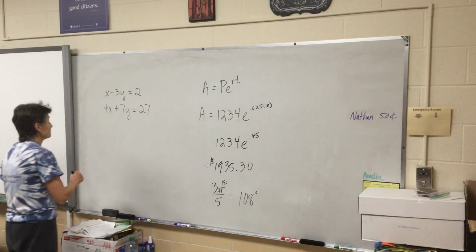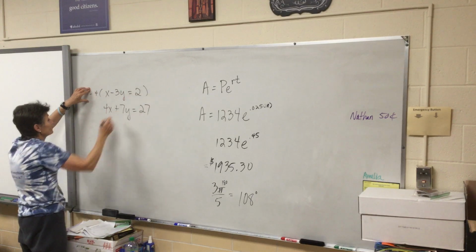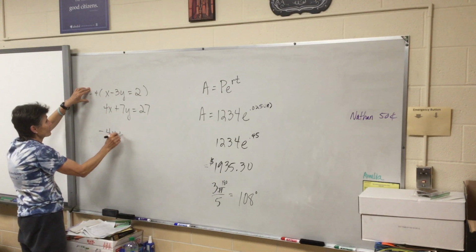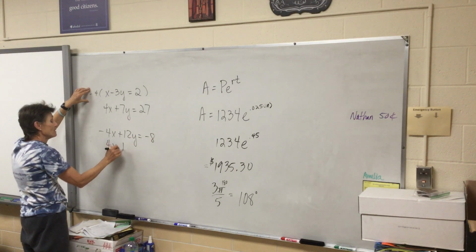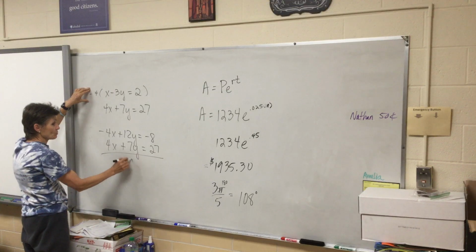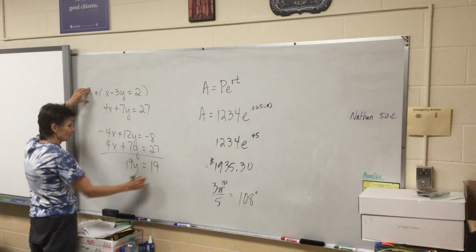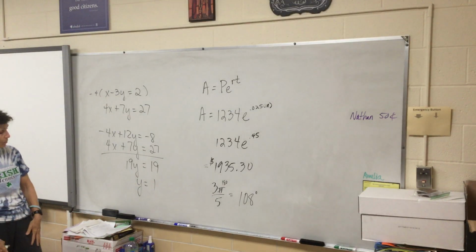I don't know what your individual favorites are, but I'm going to eliminate. So I'm going to multiply the top one by -4. So -4x plus 12y equals -8. Please pay attention, people. Not only is it disrespectful not to, but you're going to hurt yourselves if you have to take this exam. So y is 1.